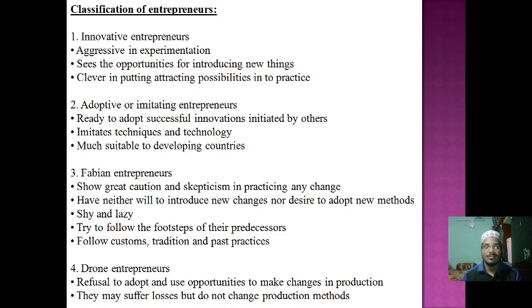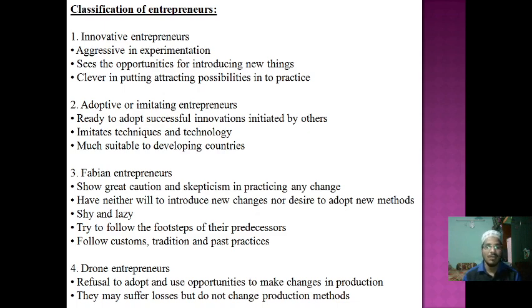Donor entrepreneurs means refusal to adopt and use opportunity to make change. Sometimes we have to adopt new techniques and drop our old techniques, and use the opportunity to change our production. If you are thinking and doing these things, then only can we change that production.